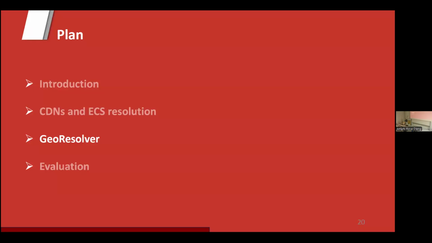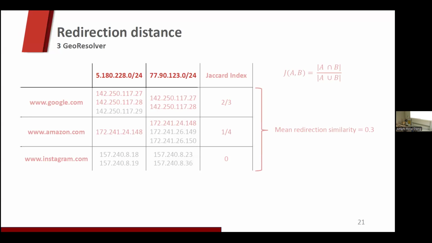The question is now how to evaluate the similarity between two DNS redirections. I made here a small example with the prefix of the IP address we want to geolocate and the prefix of a vantage point for which we know the geolocation. We select a bunch of host names of CDNs. We perform the ECS resolution. We obtain a list of IP addresses for each host name.